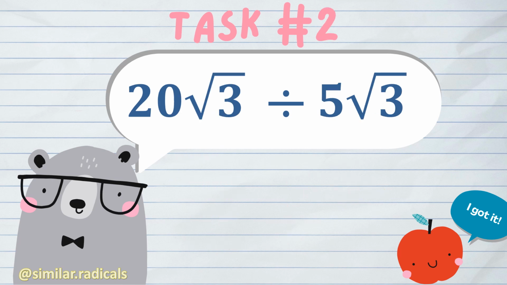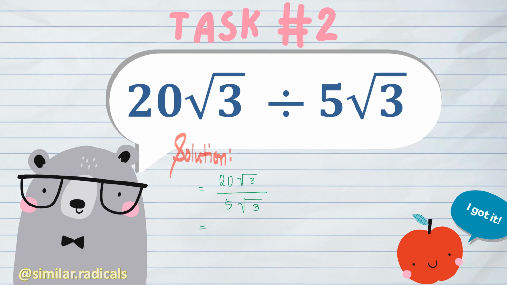Alright, so for our second example, let's write our solution. Same manner a while ago, we have 20 square root of 3 divided by 5 square root of 3. In this scenario, as you can see, we can cancel out.